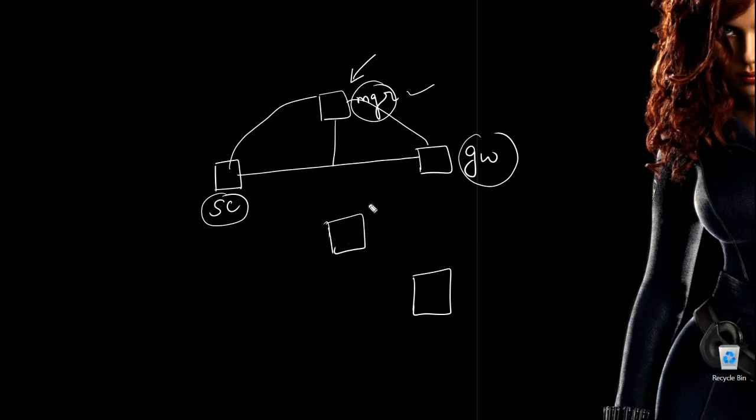I will take two separate devices, one I will make the manager and another one the gateway. The benefit is that we will get an option to see how different gateways can be configured to the manager. If we make the same device both gateway and manager, then you will lose the option to configure the gateway to the manager. So let's see how it goes with EVE-NG.